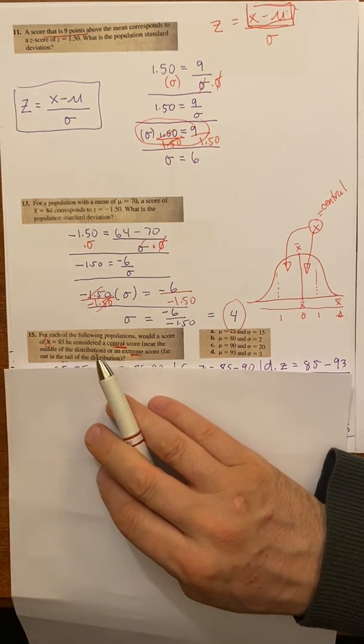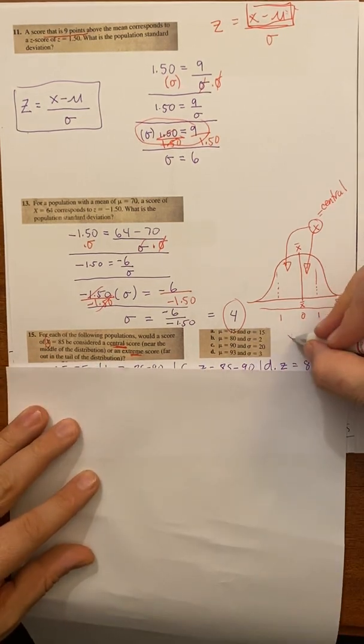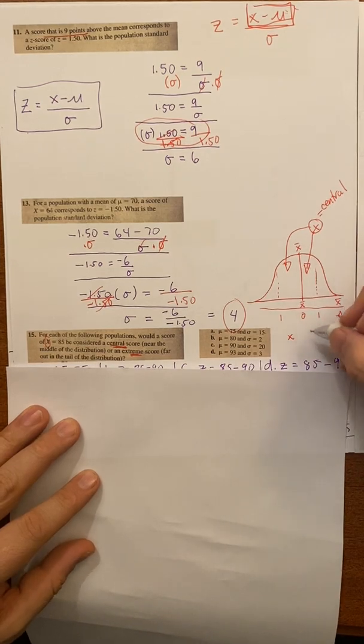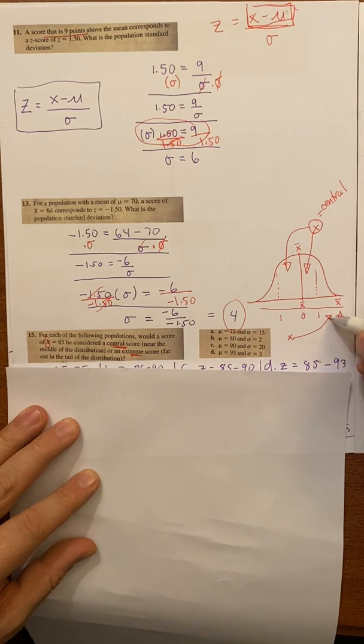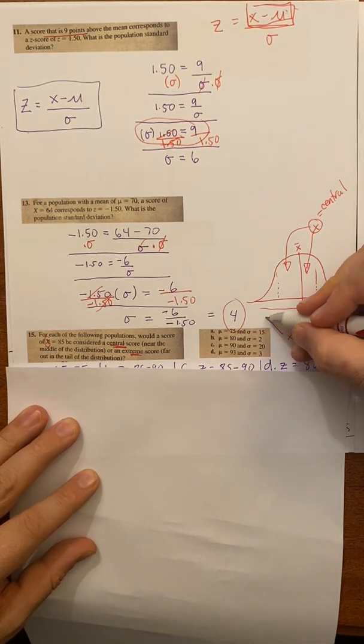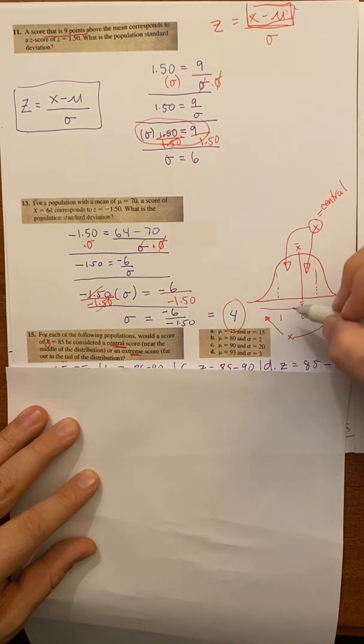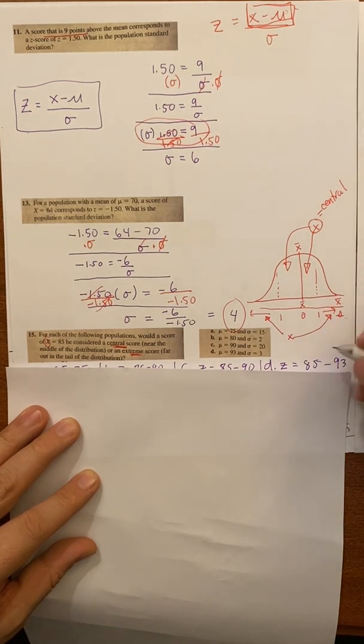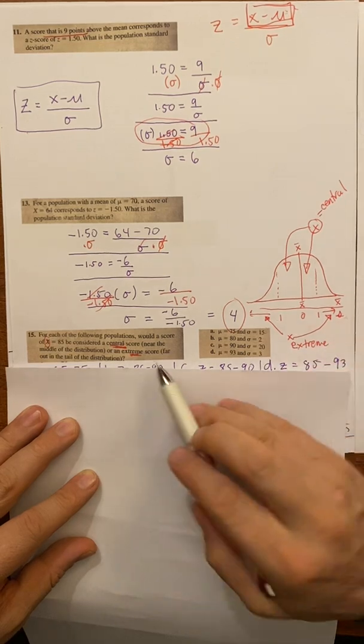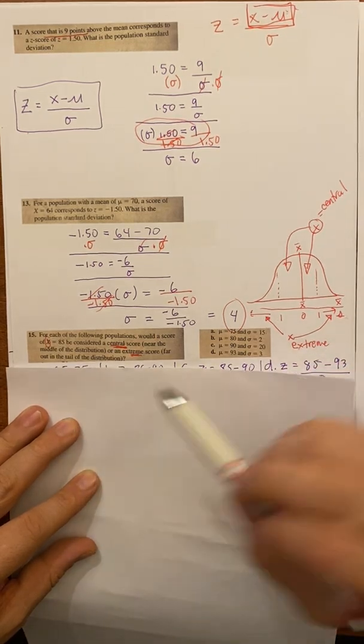However, on the other hand, if you have some x value that's outside of that range, right? Say out here somewhere or out here somewhere, right? Then that's saying that it could be anywhere from the 1 all the way out in either direction. And that's where we're saying that then that x value is going to be extreme. It's going to be far out in the tail of the distribution, right?